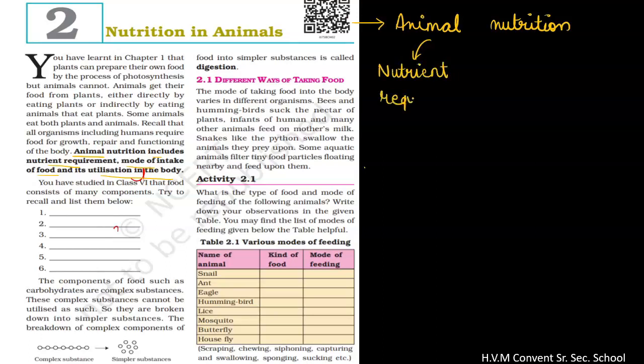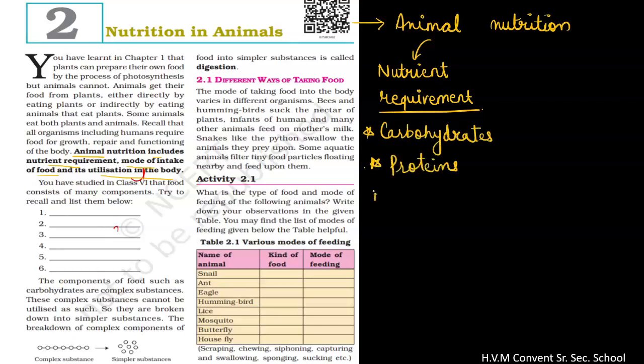So what are the different types of nutrients that are required by our body? First is nutrient requirements such as carbohydrates, proteins, fats, vitamins, minerals. These all are the nutrients that are required by our body.